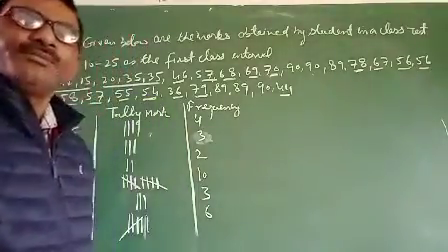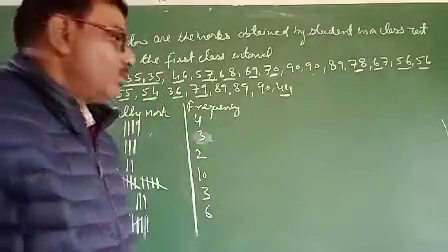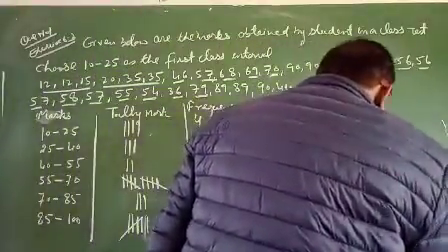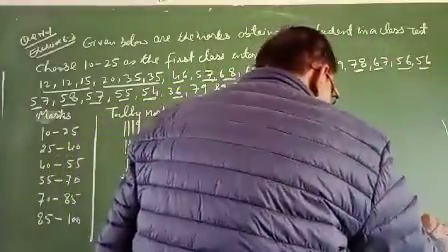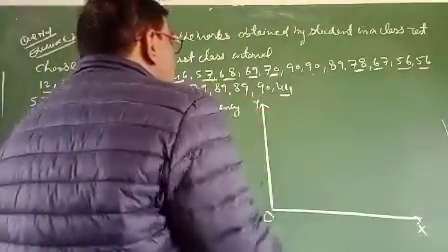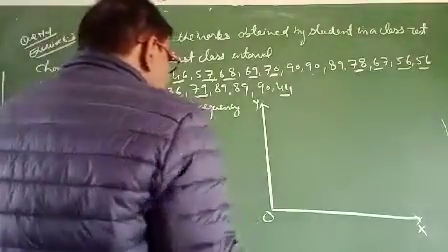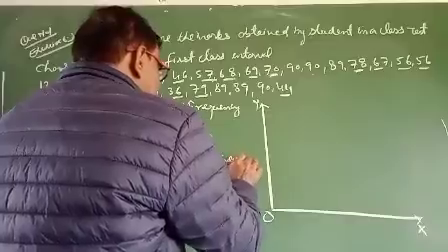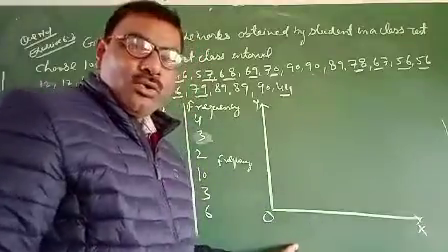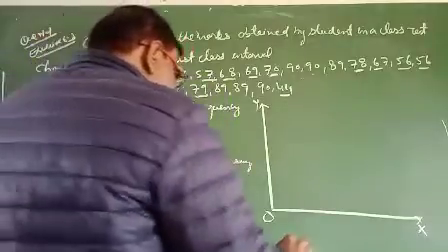Now I will draw the histogram. For drawing the histogram, we consider two perpendicular axes, OX and OY. On the axis OY, we will represent the frequency, and on the axis OX we take the marks.